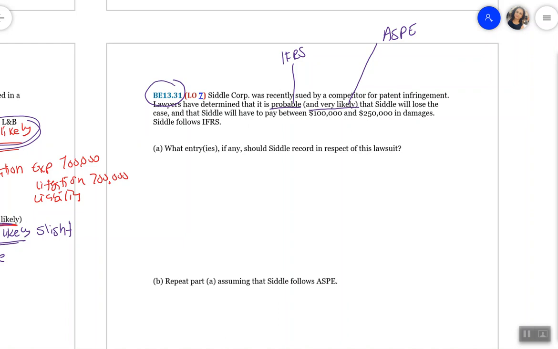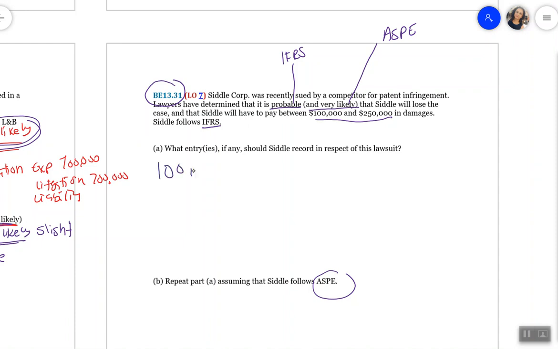Saddle will lose the case and will have to pay between 100,000 and 250,000 in damages. First we have to follow IFRS. Then in the next part of the question we are going to follow ASPE. In this case we are comparing what amount should be accrued under each.